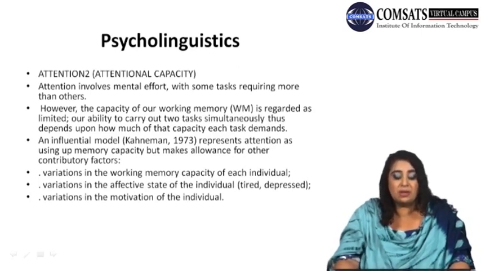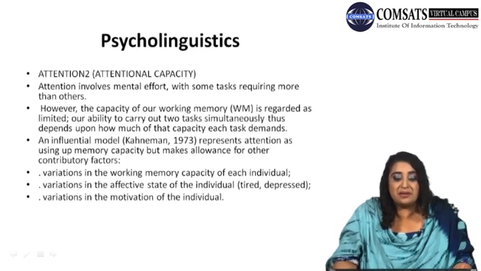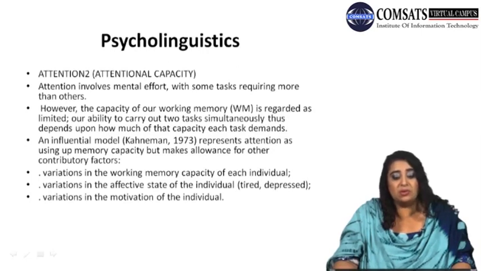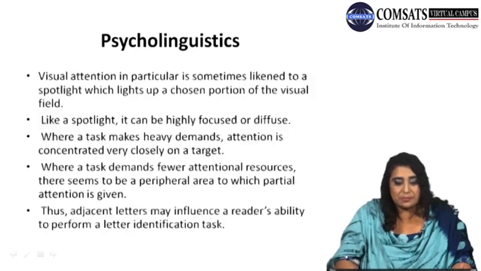If a person is tired or depressed, their working memory won't work so well. They can't store things as easily as a person who's calm or happy or satisfied. The third variation would be in the motivation of the individual, how motivated that person is to store the memory or store the particular thing related to whatever topic he's thinking about.